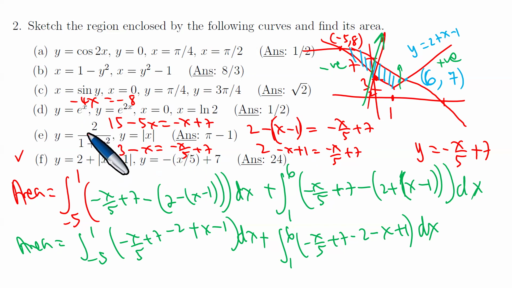Multiply through by 5, so you get 15 minus 5x minus x, and then a 35. So 7 times 5 is 35. I'm just checking the numbers and trying to verify what's happening here.